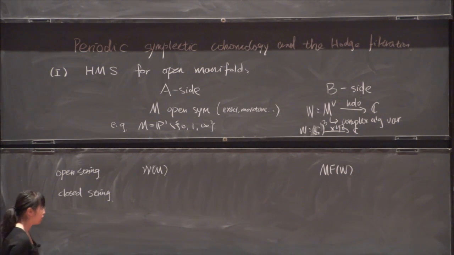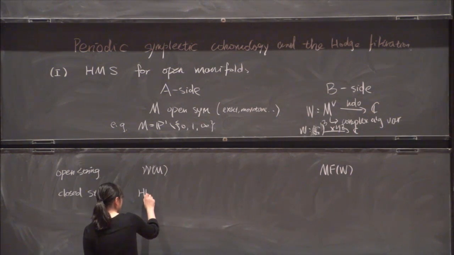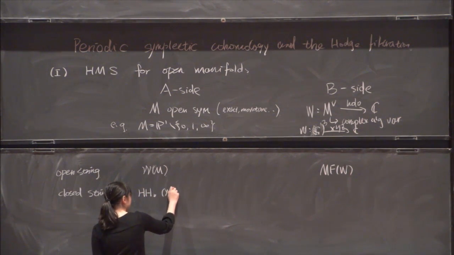By this we mean I'm going to take something called the Hochschild homology of the Fukaya category.